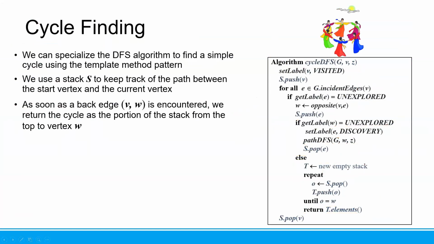So the cycle DFS will utilize the path. So it is the combination between the cycle and the path.